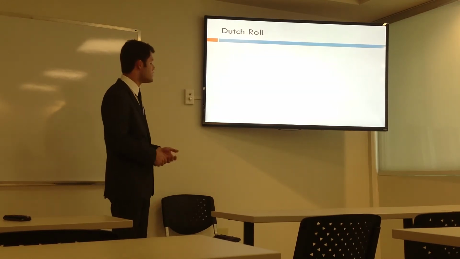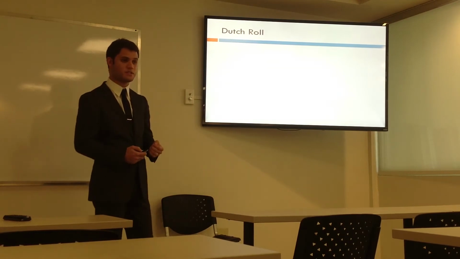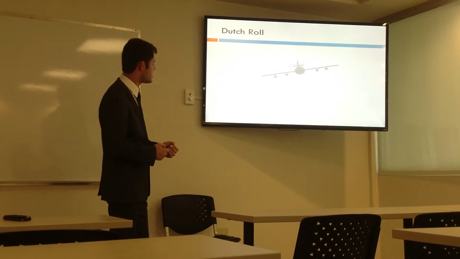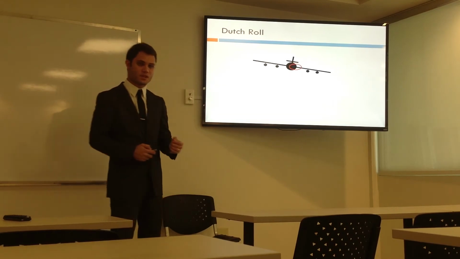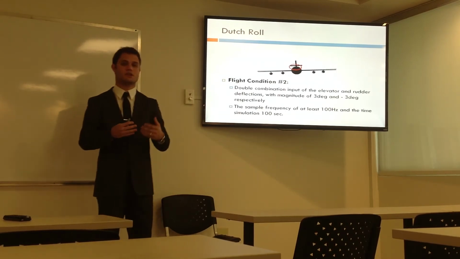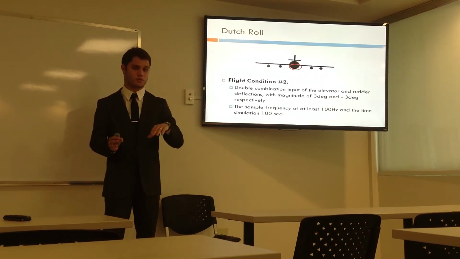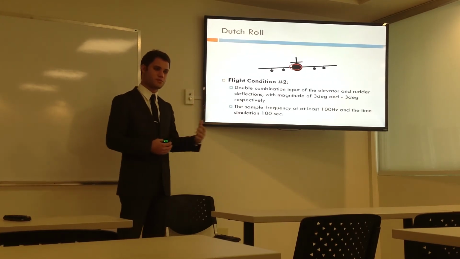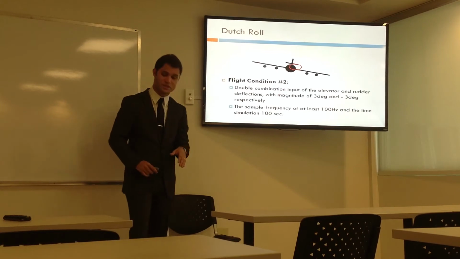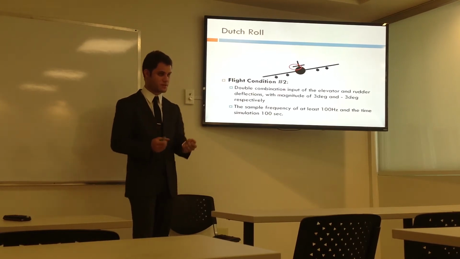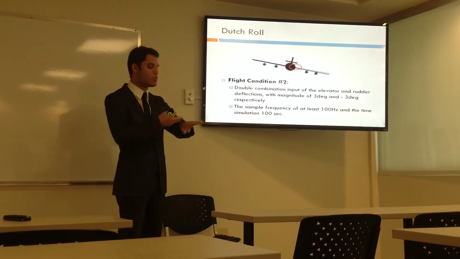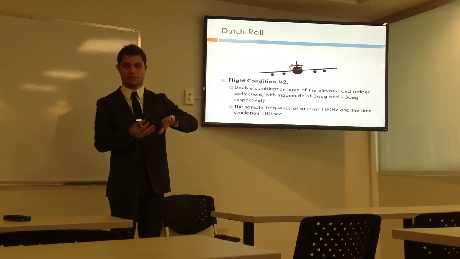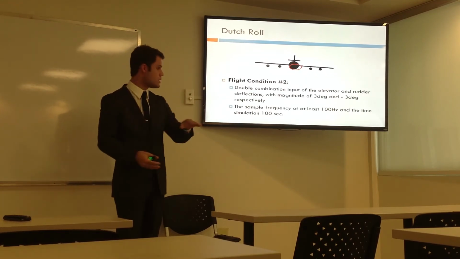So another maneuver that we have is the Dutch roll. Here you can see it from the front. It's a double combination. You're going to use the elevators and the rudder. Since it's a front view, it's kind of hard to explain it with just a picture, but you hit the rudder, which would make the aircraft sort of tilt sideways like this, and one wing starts going faster than the other, therefore it generates more lift.